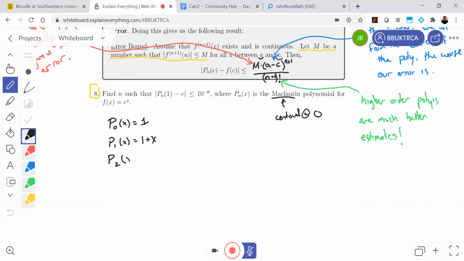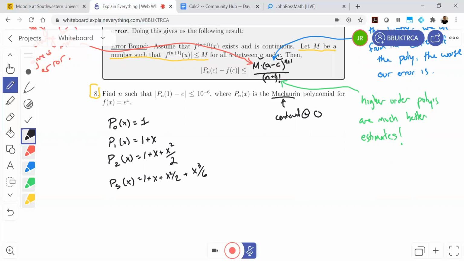The second order Taylor polynomial is going to be 1 plus x plus x squared over 2. The third order is going to be 1 plus x plus x squared over 2 plus x cubed over 6.